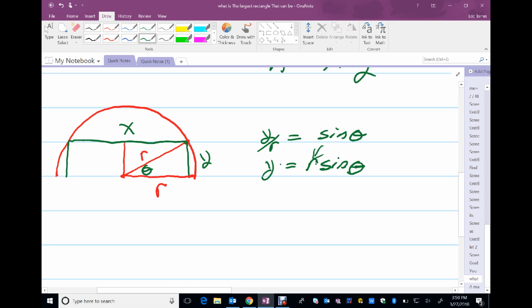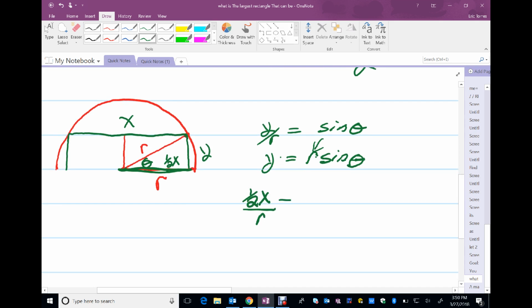What about x? Well, this piece up here, r, the bottom of this rectangle is 1/2 x. And I know that 1/2 x over r equals the cosine of theta, or x equals 2r cosine of theta.